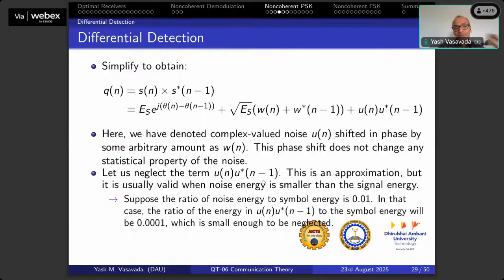Then when you do U n times U conjugate n minus 1, that term will have a strength of 0.001%. Basically, its strength further diminishes, so we can almost always safely ignore that. So then what remains is just the three terms of this Q of n expression.